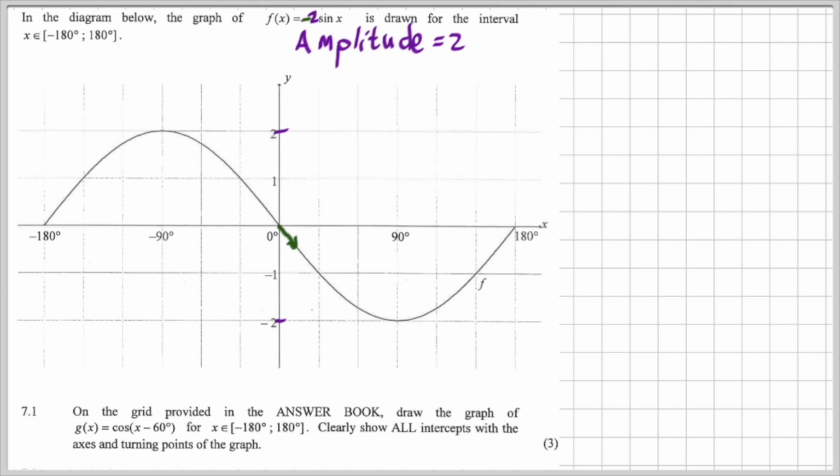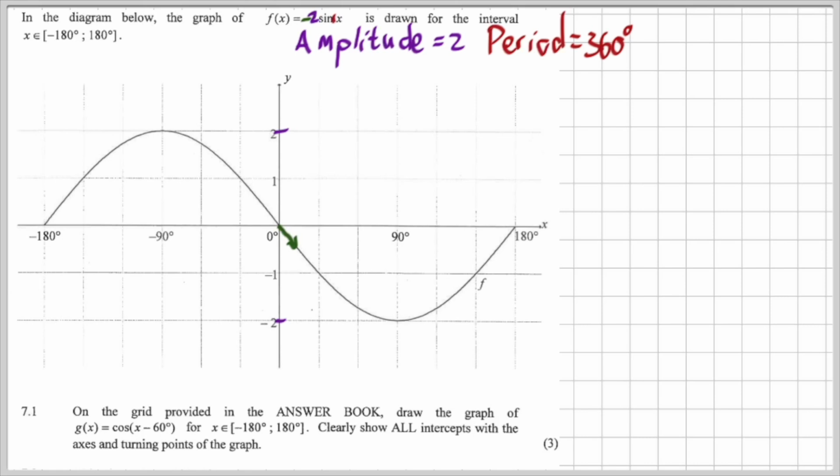The next very important thing you must never forget to do in this kind of sum is the period. The period is just in this case 360. Why? Because there is a 1 in front of the x. If there was something else in front of the x, like we'll see later on, then the period will also change.